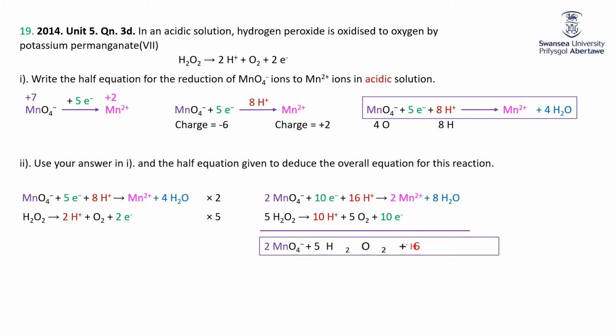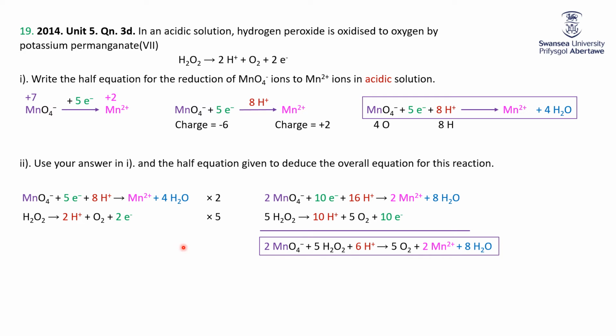Cancel out what you can, and you're left with 6H plus on the left, and then the manganese terms not changed, the peroxide, still 5 of those, and then still 8 of the waters. So an important reaction generally, a yucky looking equation there with 2s and 5s and 8s and so forth, but what's really important, of course, was the permanganate half equation there combined with that one in order to give us the overall equation.